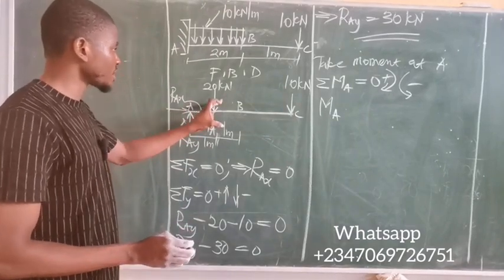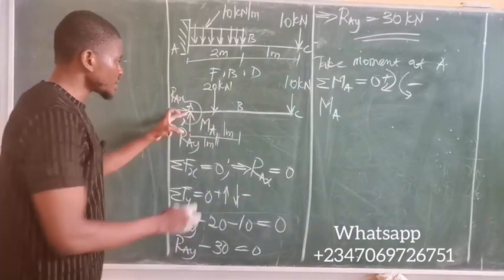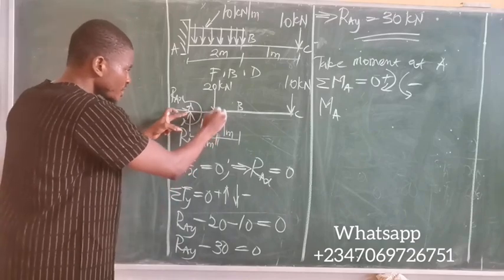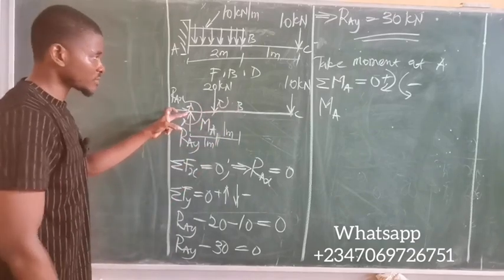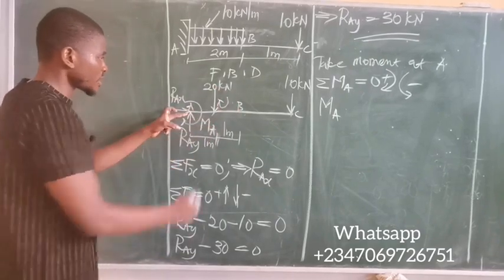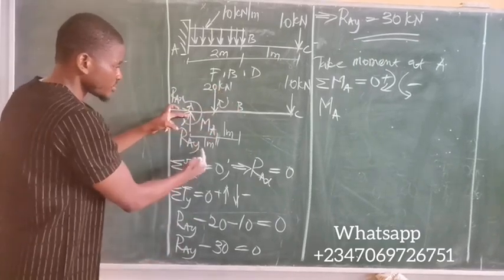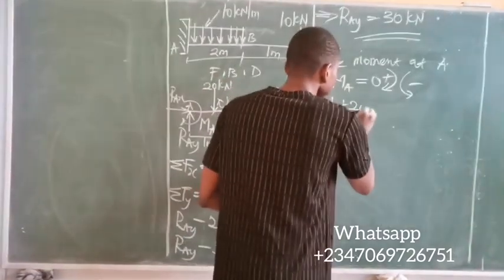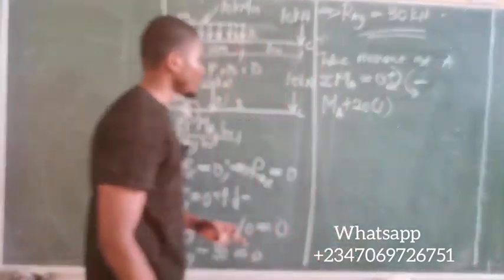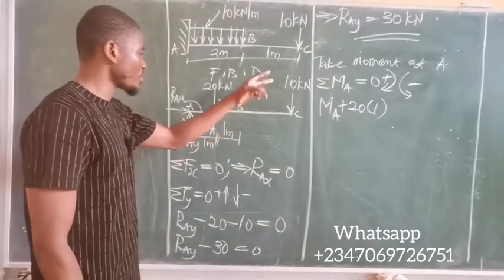Next, we take moment of the 20 kilonewtons force about point A. This force is pointing downwards, so it will turn clockwise, which is positive in our convention. The distance from this force to point A is 1 meter, so we have plus 20 times 1. Finally, we have the 10 kilonewtons force also pointing downwards.